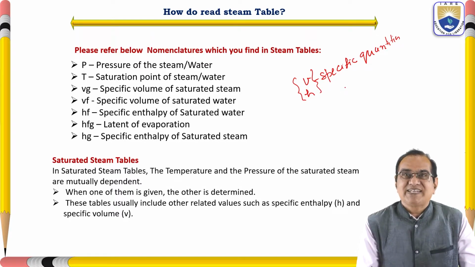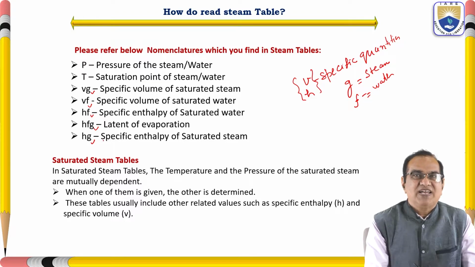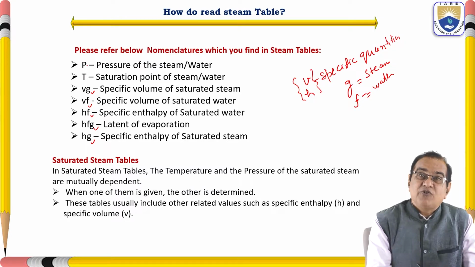Small g is for the steam vapor and small f is for water, as in Vg and Vf. This we have to understand very well.